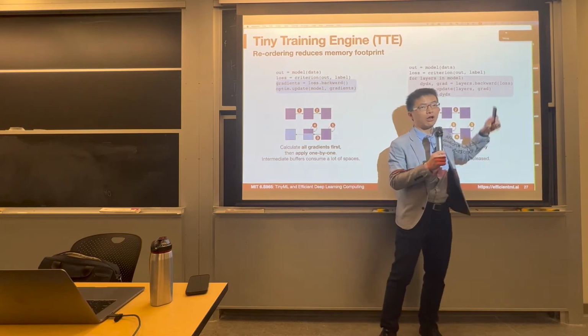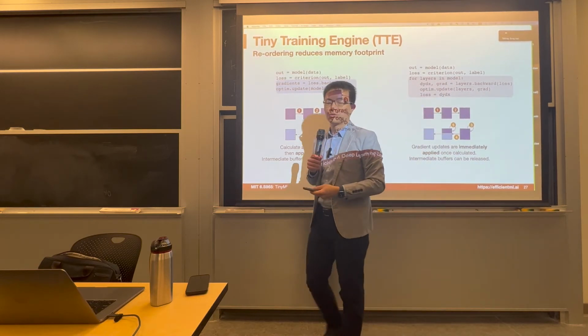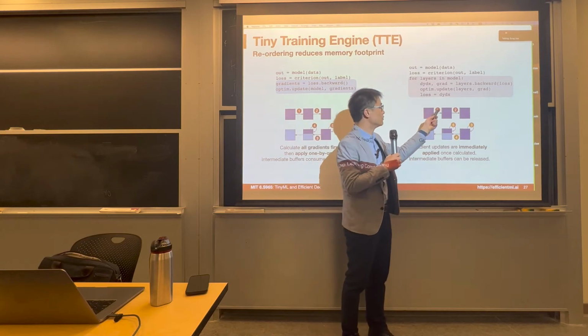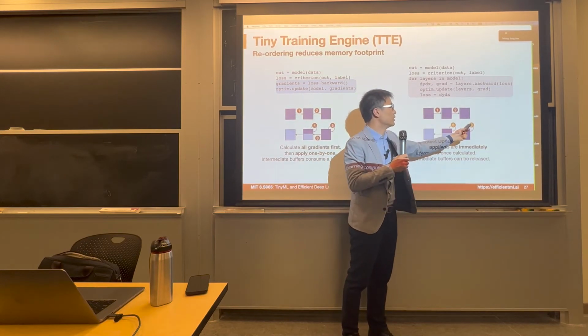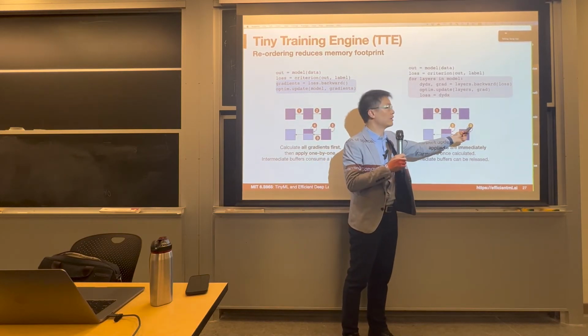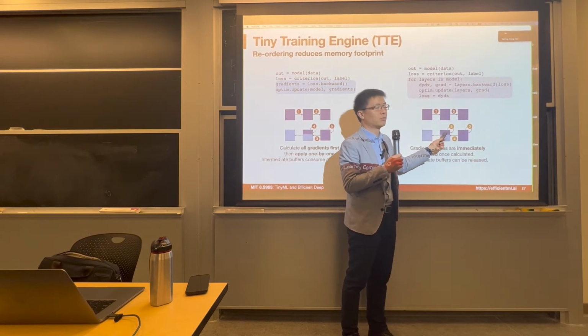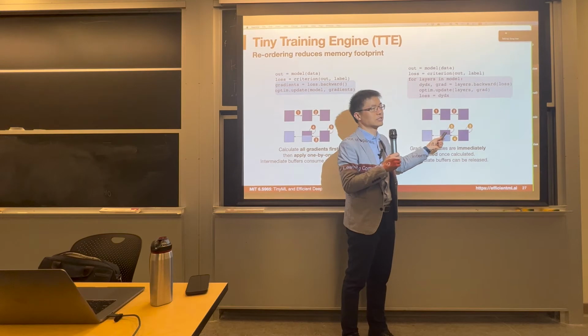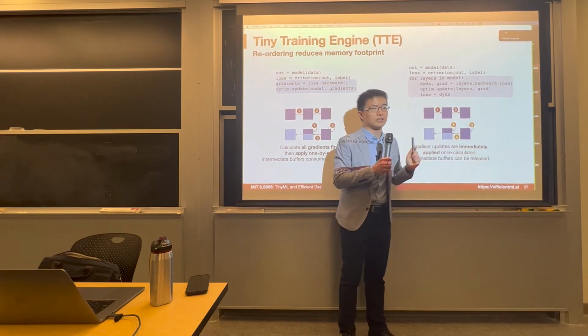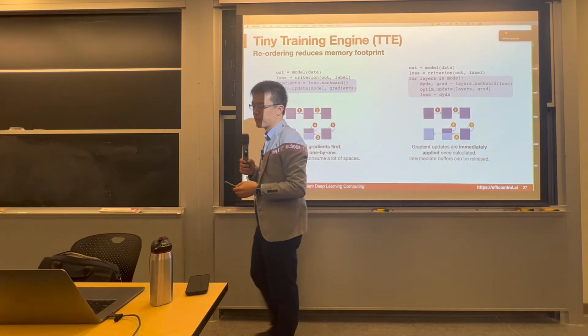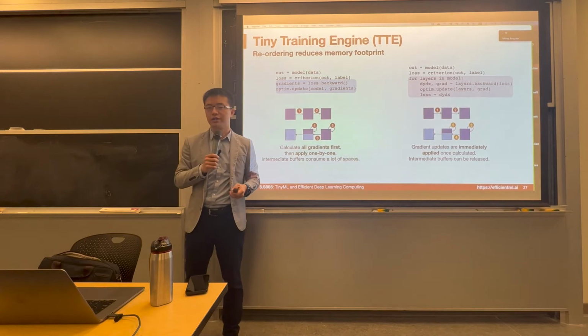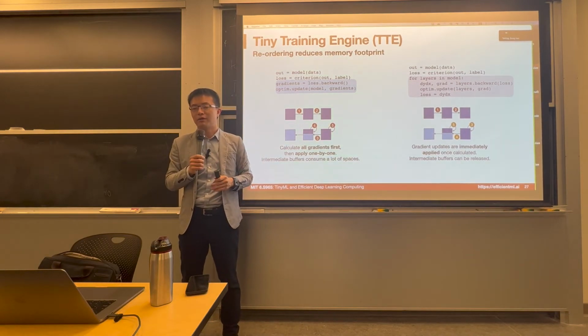We do forward 1, 2, and then gradient for layer 3, and then we immediately do the update. And then we calculate the gradient for this layer and do the update, etc. Right? So in this way, the control logic is a little bit complicated, but not rocket science.